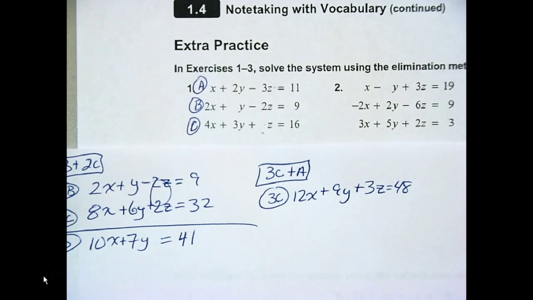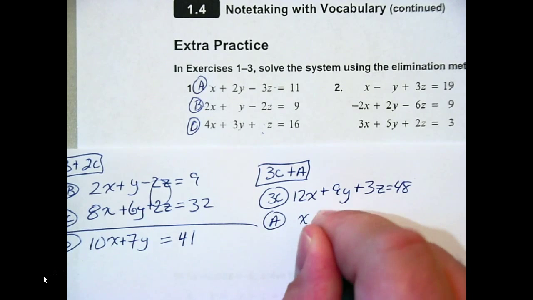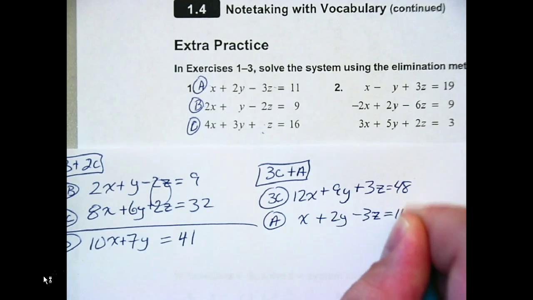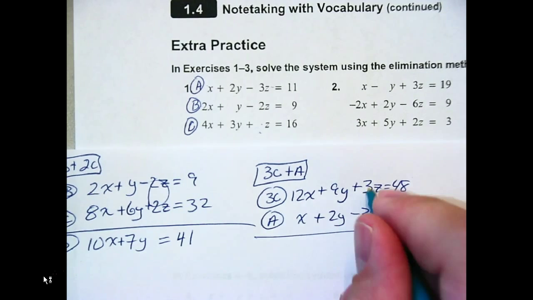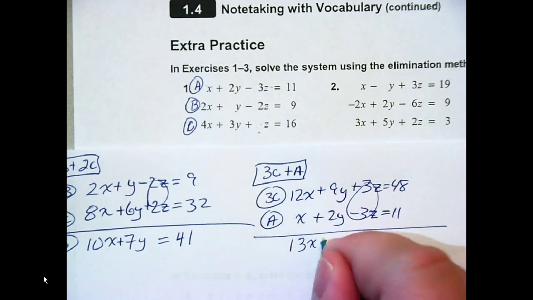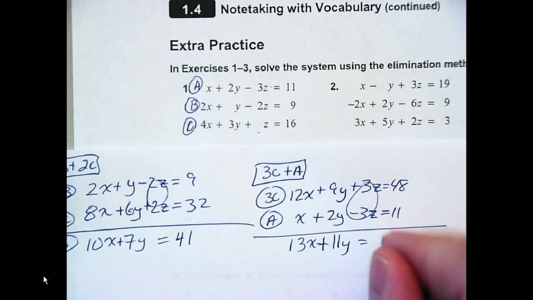A is x plus 2y minus 3z equals 11. That's gone. 13x plus 11y equals 48 plus 11, which is 59.